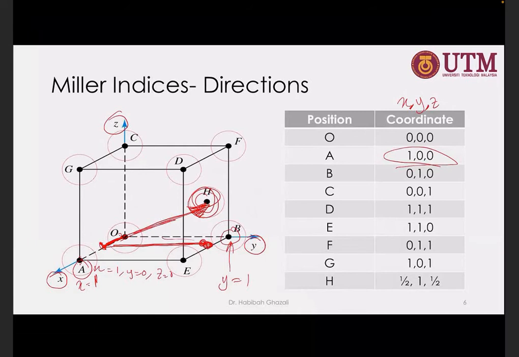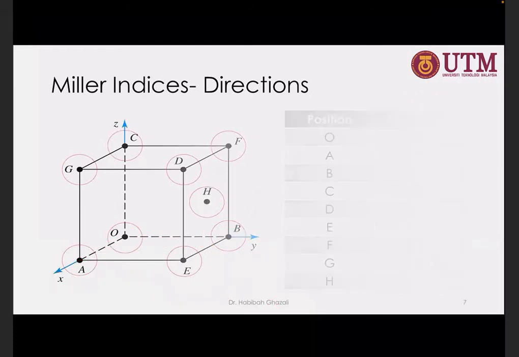Meaning that first x equals half, and then y equals 1, and then it goes up here until it reaches the H point, where z equals half. So the coordinate is half, 1, half. This is only the coordinate.